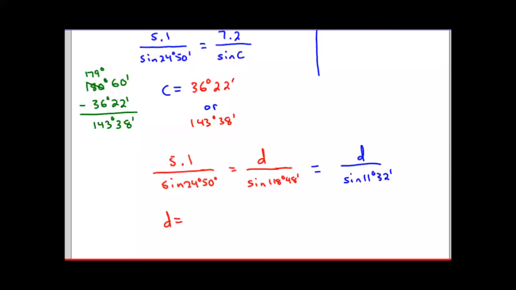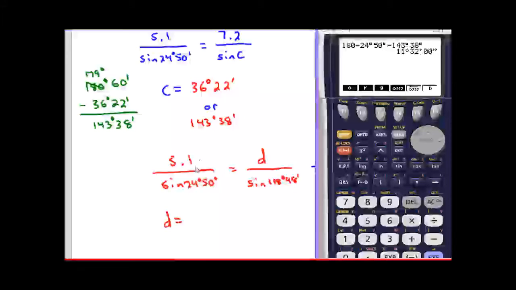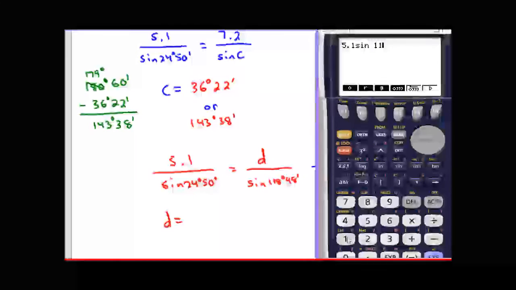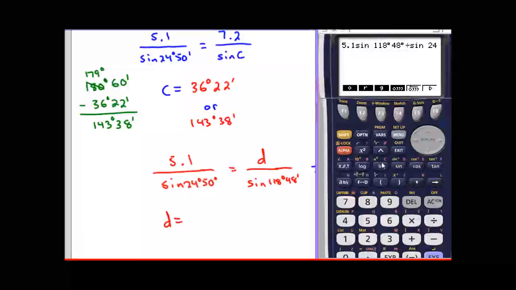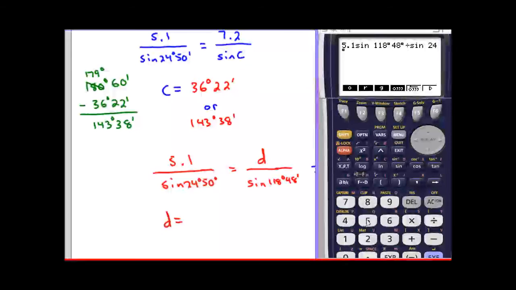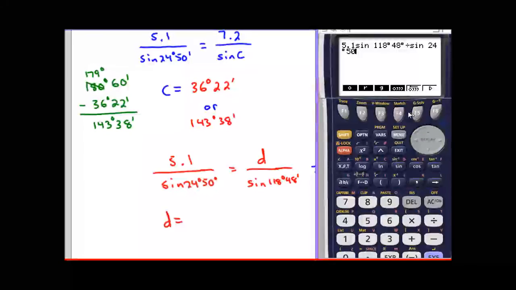Let's see if we can get the answer here. If I want to find the distance of the first scenario, I'm going to do 5.1 times the sine of 118 degrees, 48 minutes, and I'm going to divide that by the sine of 24 degrees, 50 minutes.